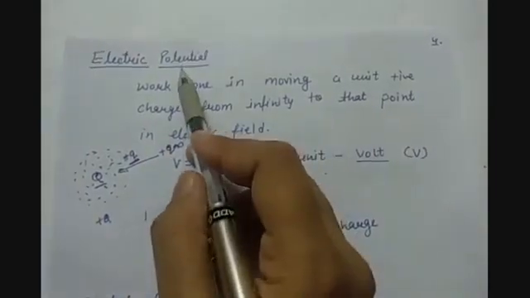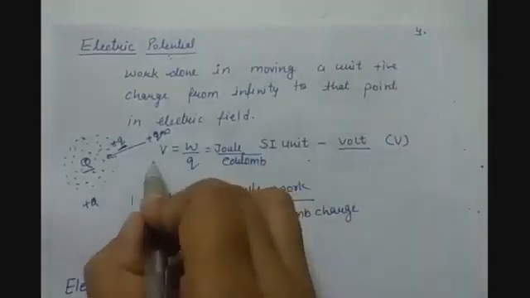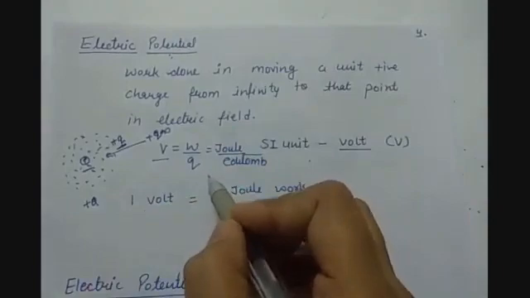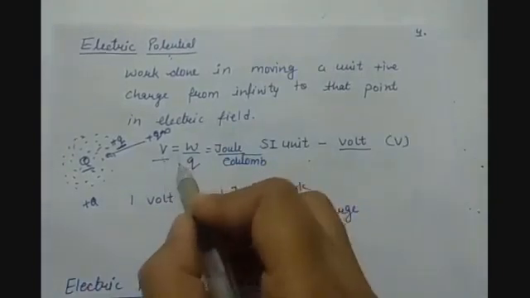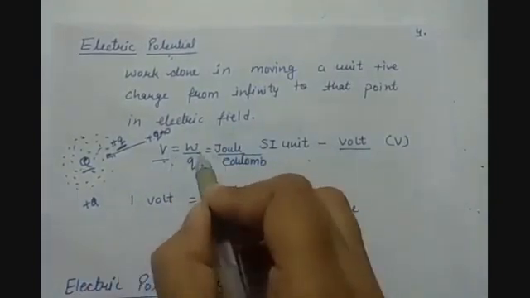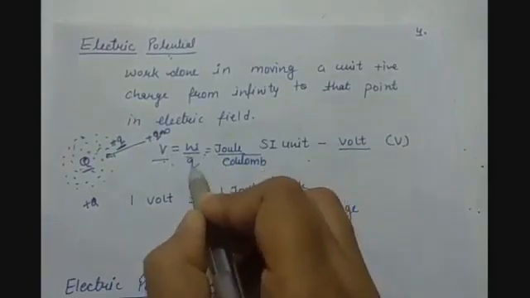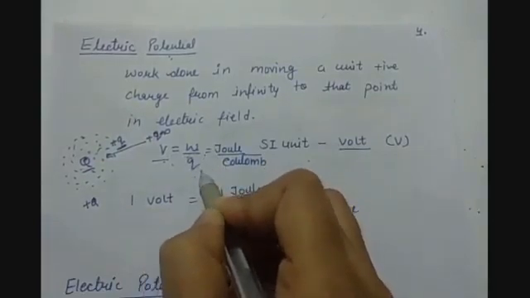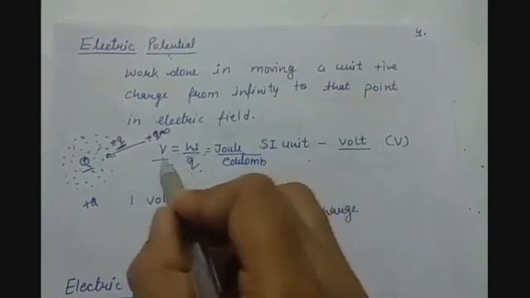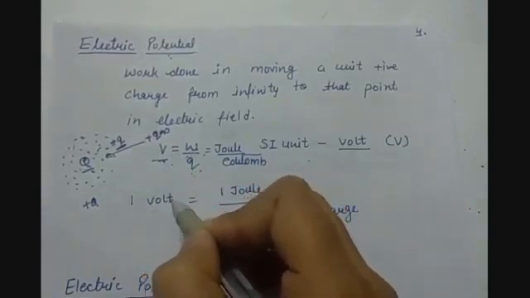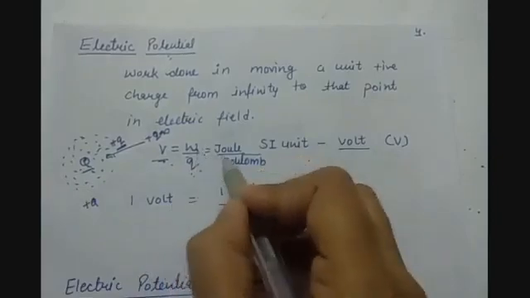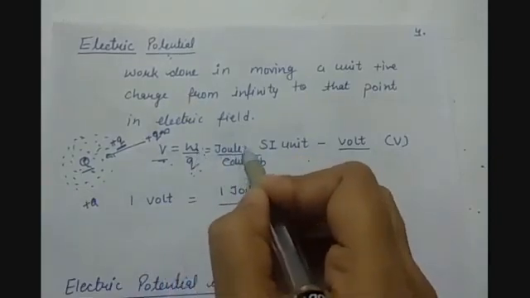Electric potential is denoted by a capital V, and it is given by the formula work done per unit charge. So work done per unit charge will be our electric potential. Work has the standard international unit joule.